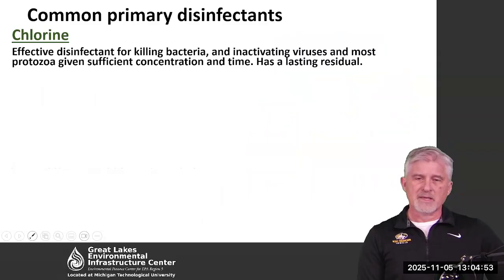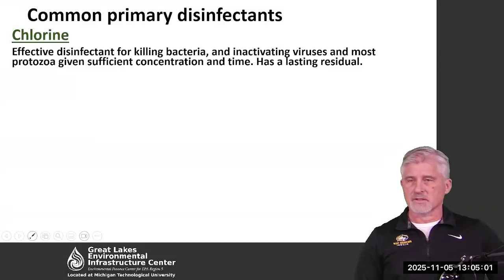So there are three main primary disinfectants. The most common is chlorine. It's effective against bacteria and viruses, and most of the protozoa if it's given enough concentration and time. Those two things are most important. It also is great because it has a lasting residual.